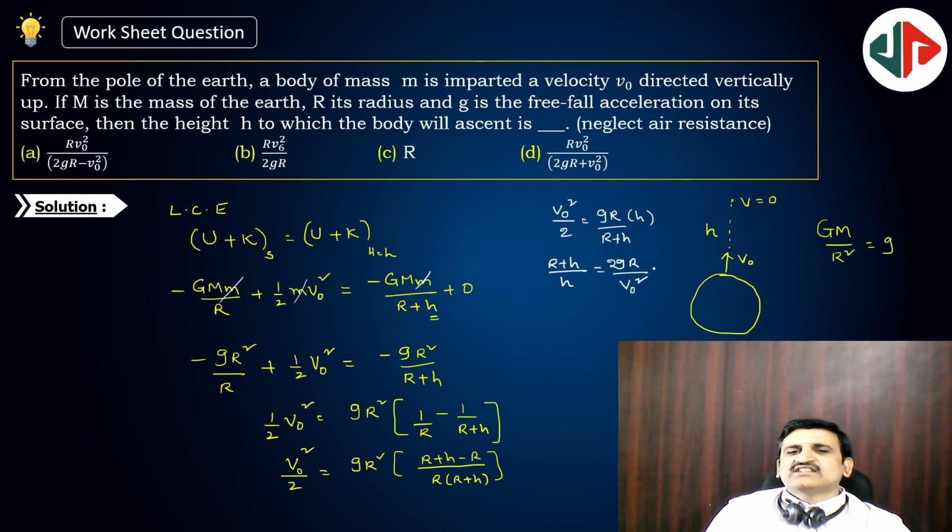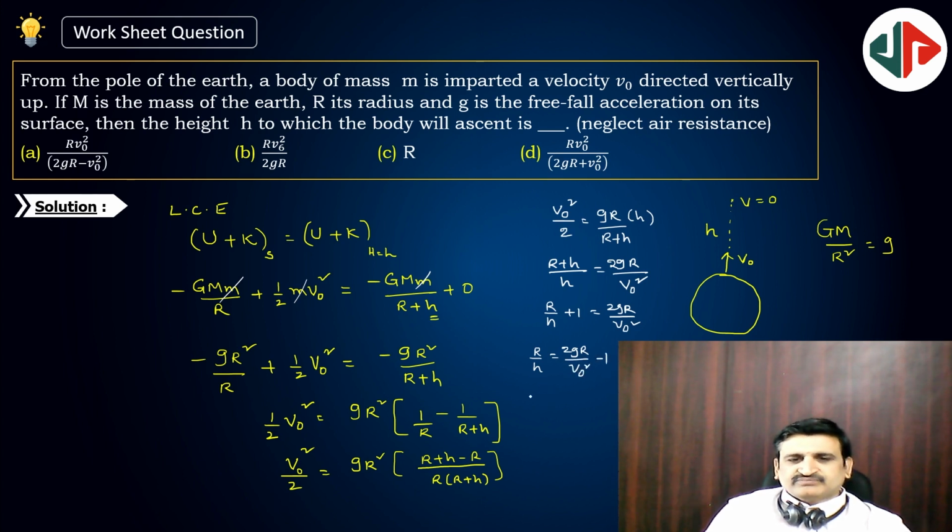What I did, just R plus H by H on one side, remaining things on the other side. Now this is R by H minus 1 plus 1, equal to 2gR by v naught square. So R by H is equal to 2gR by v naught square minus 1.